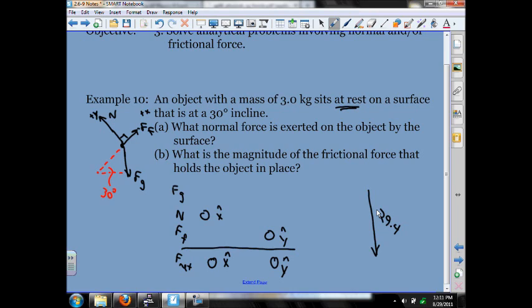Since that's not all in the x or the y, we're going to use sine or cosine to split that up. Notice this way is my x, right? And this way is my y. There's my right angle right there. What would this angle right here be?